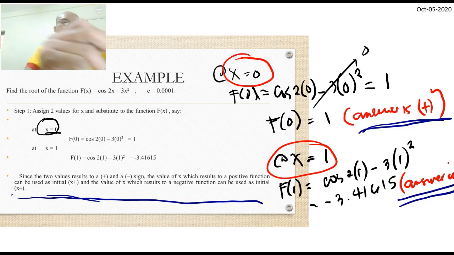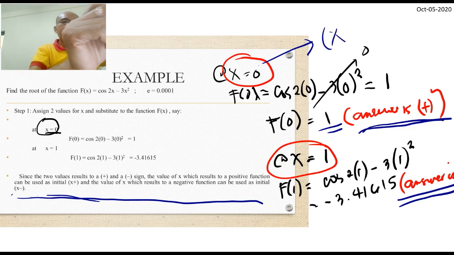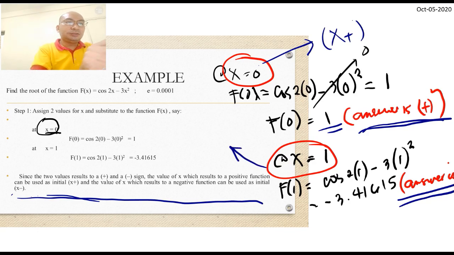Since the answer here is positive, this value of x will become our initial x plus. And since this value bore a negative answer, this one will be our initial value for x minus.